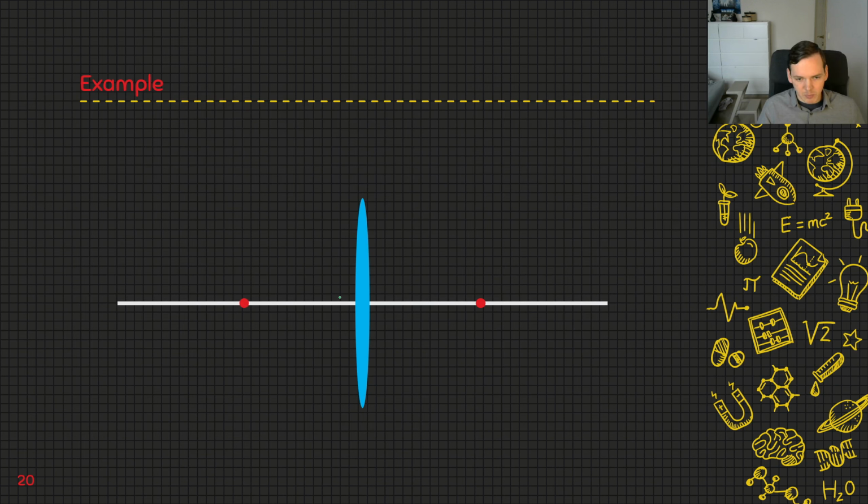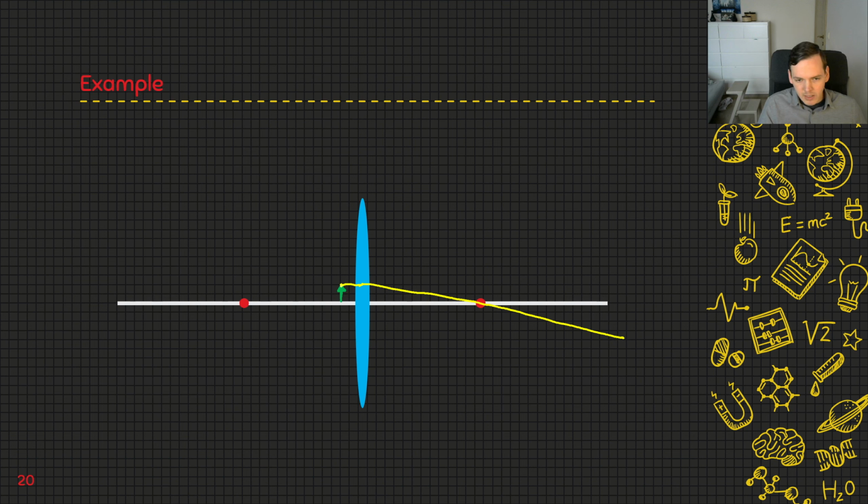This time I will put it closer to the lens, so inside the focal point, so we can see a couple things there. So this one may not be perfect, but we'll see what we get. So again, start with parallel to the axis, and then that's going to go through the focal point on this side.